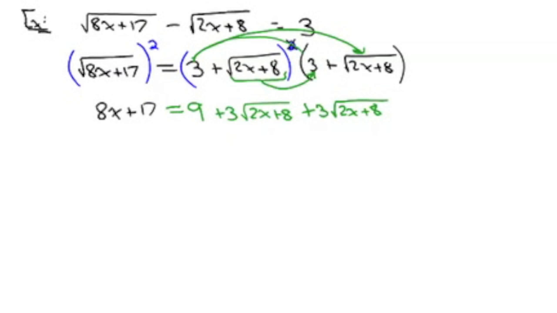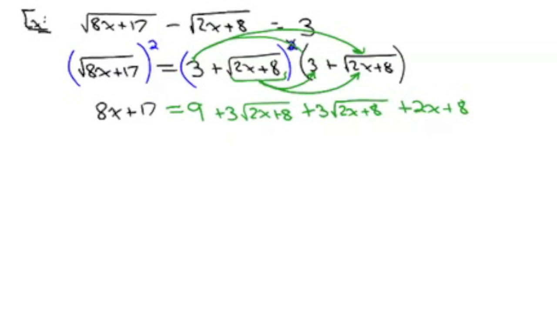So that's first, outer, inner. And then last, the square root of 2x plus 8 times the square root of itself, basically. What happens? The square roots go away, and you just get the 2x plus 8. So you get plus 2x plus 8.